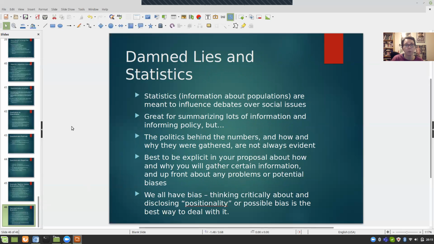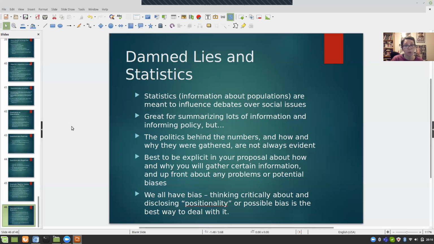A lot of times we put a lot of faith into statistics and numbers because they sound factual, because they're math, but there's always politics behind how numbers are gathered, why they're gathered, and a lot of times that's not obvious. And it makes them a great tool for manipulation.